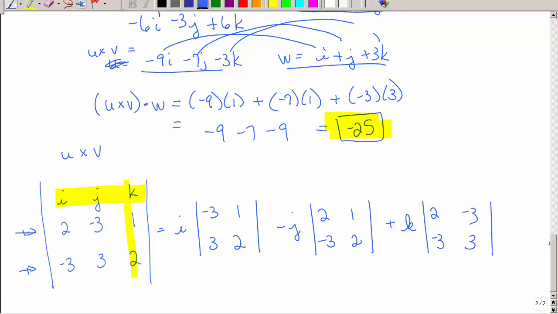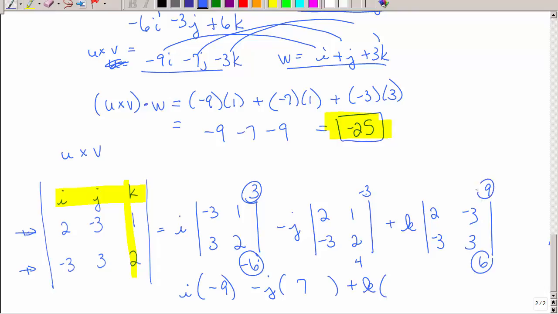So here we go. We want to go down and up, down and up, down and up. So this is going to be, remember, down minus up. Negative 6 minus 3 is negative 9. Then we have 4 minus a minus 3, that's 7.